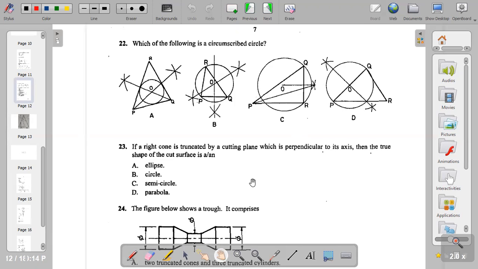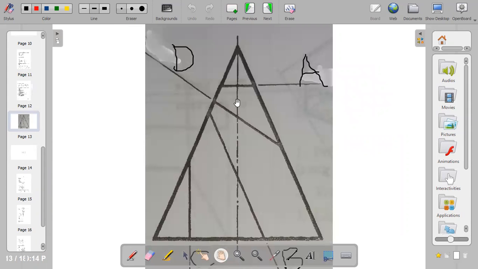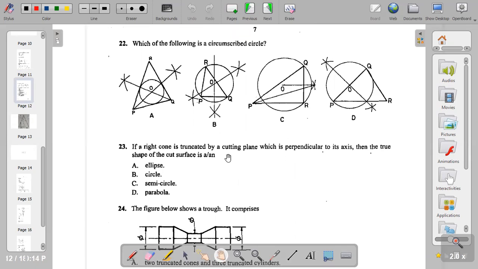Question 23. If a right cone is truncated by a cutting plane, which is perpendicular to its axis, then the true shape of the cut surface is A, ellipse, B, circle, C, semicircle, D, parabola. Now, if a right cone just like this is truncated by a cutting plane, and this cutting plane is perpendicular to its axis.